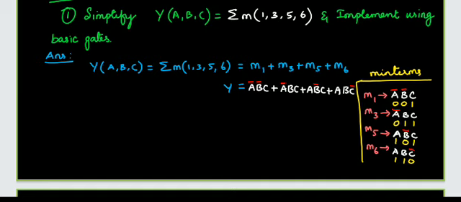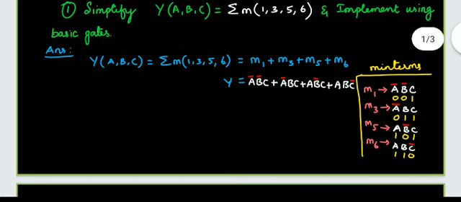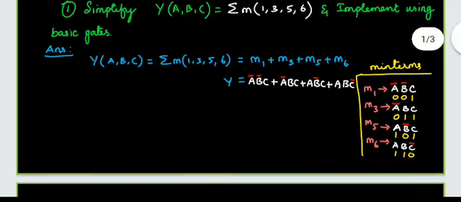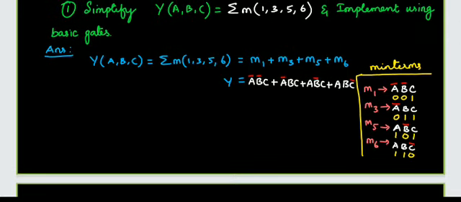What it means actually? It is the summation of 4 minterms. What are they? m1, m3, m5, m6. And how many variables actually given in the question? 3 variables given, right?